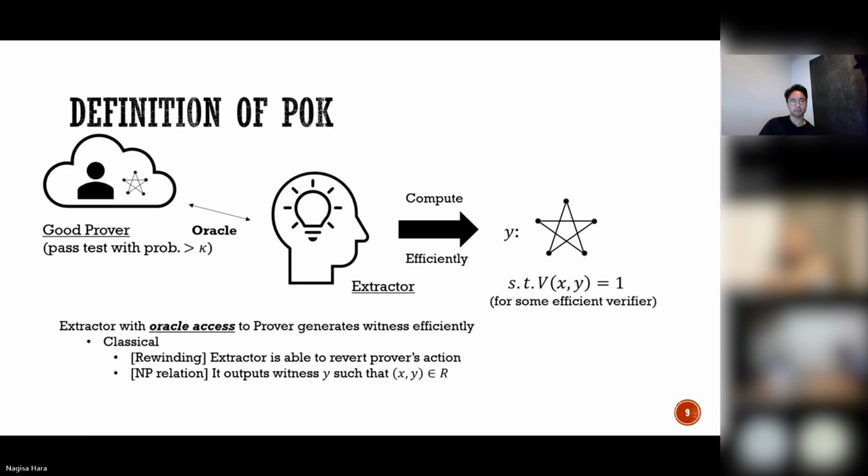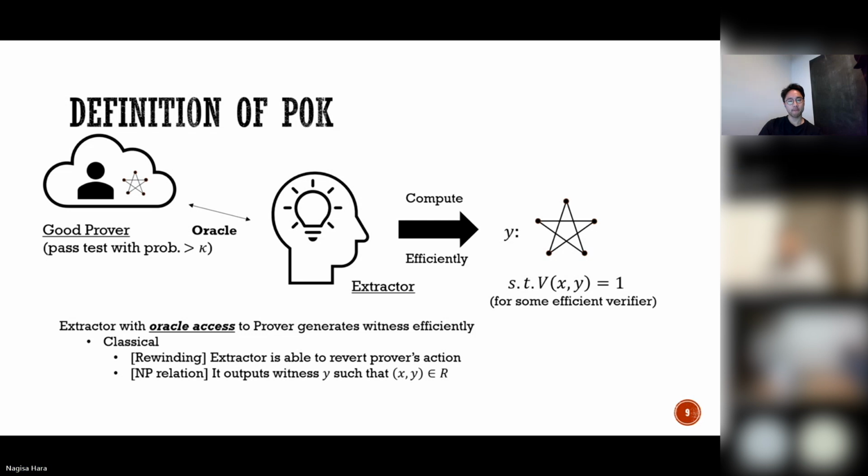And by efficiency, we just mean it queries the oracle polynomially many times. Yes, that's correct. Otherwise, if the machine is unbounded, it can compute by itself. That's why we put some computational bound on the extractor.